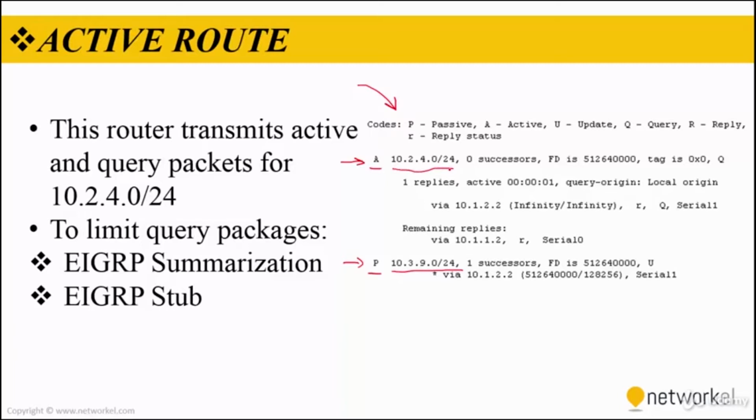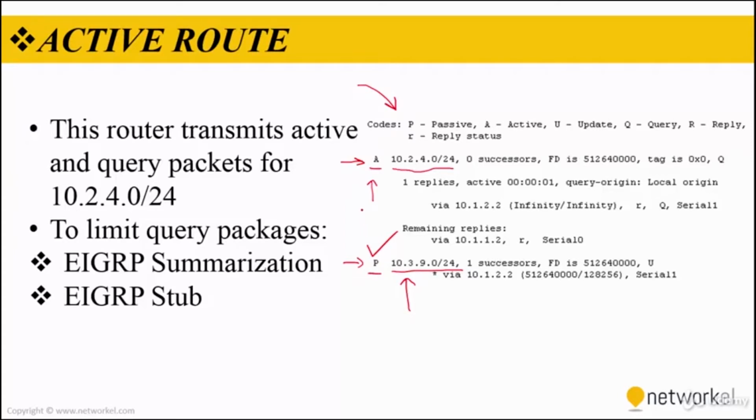Active means the router is actively seeking an alternate path for the destination. Passive means everything is okay. I'm connected to this network and I'm receiving the routing updates and there's no problem with the path. But if the router is in active state, there's a problem, and that means we are sending query messages.